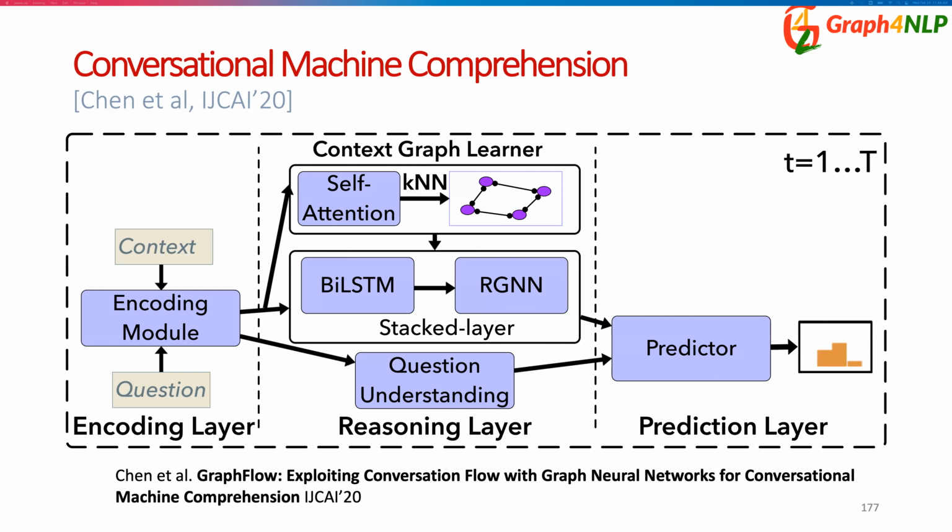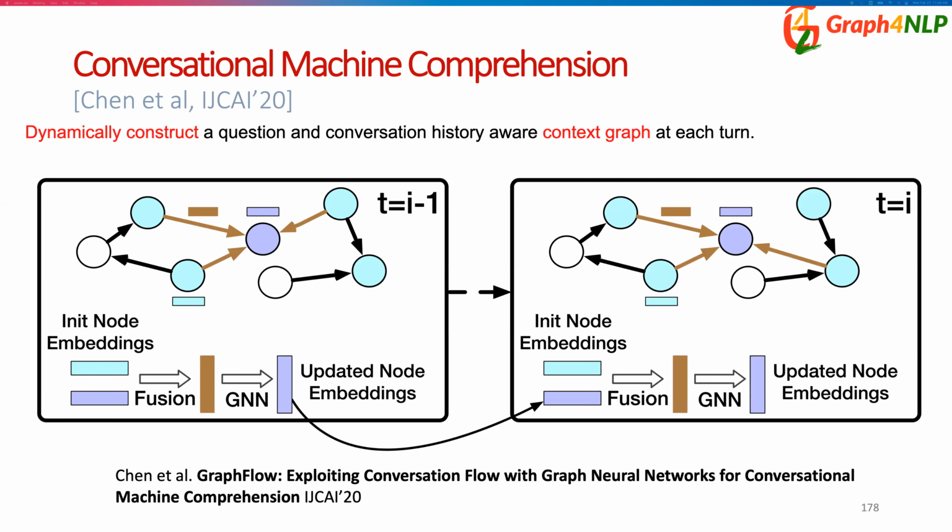As you can see here, it has the context graph learning component that dynamically constructs a context graph from the question and the conversation history at each turn to model semantic relationships among words, and then applies a GNN to process the sequence of context graphs. This module combines the advantages of RNN, which is good at sequence learning, and GNN, which is good at relational reasoning.